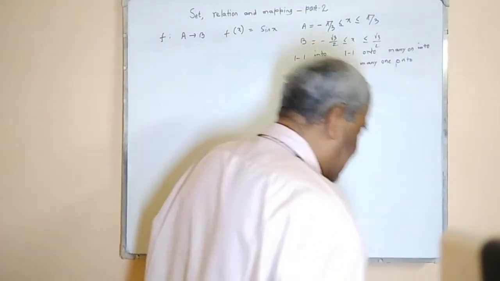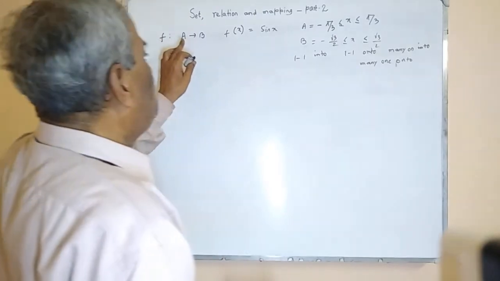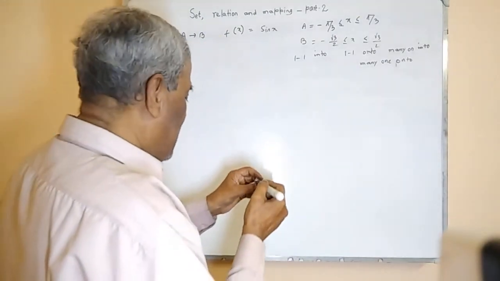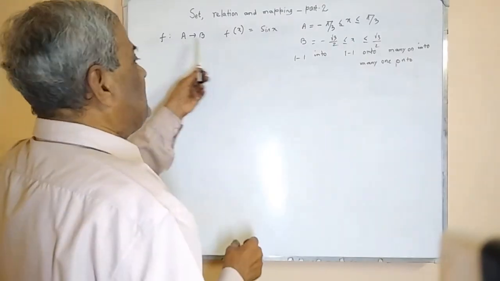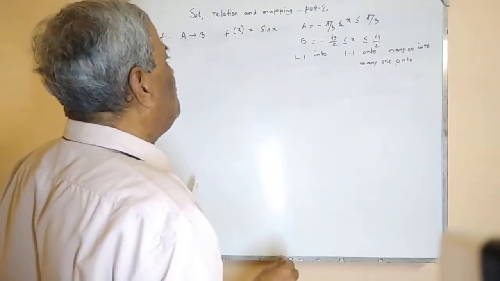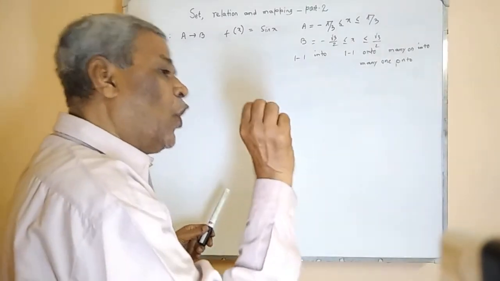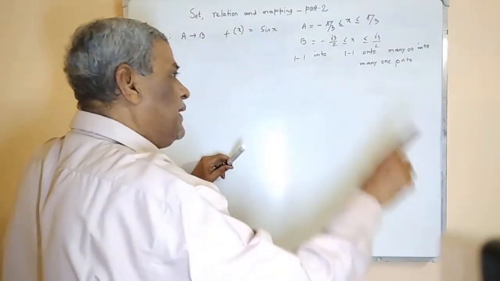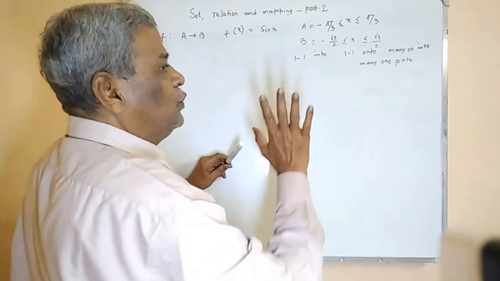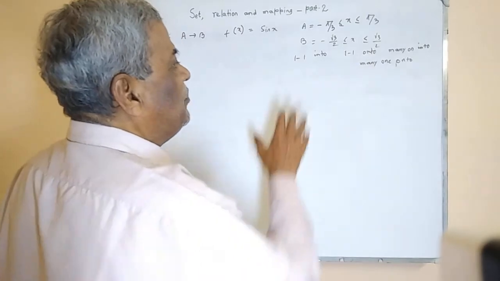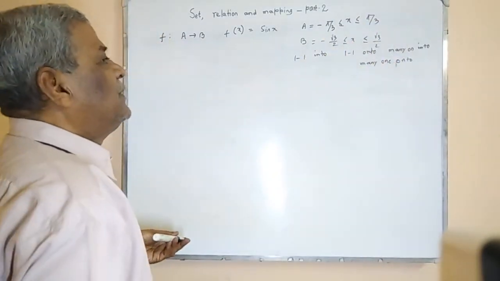So 4 options are there. Actually, one mapping is given, and two sets A, B are given. We have to find whether the mapping is one-one or into, many-one, or onto. 4 things we have to find, and then combining them we can get the result.